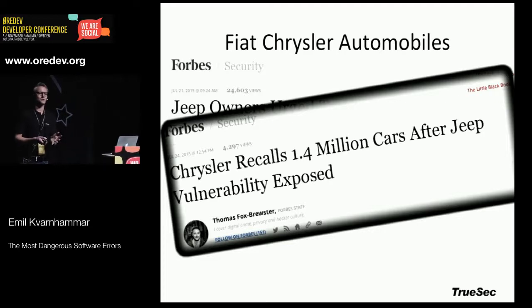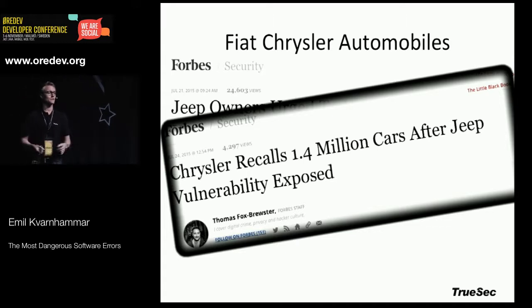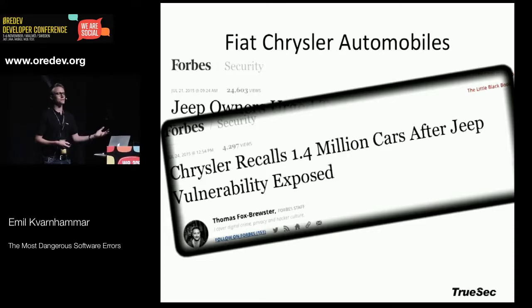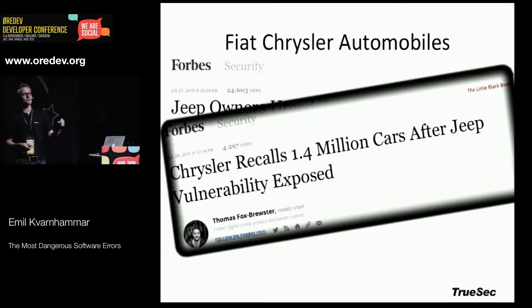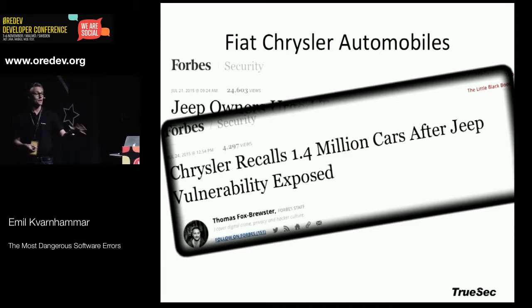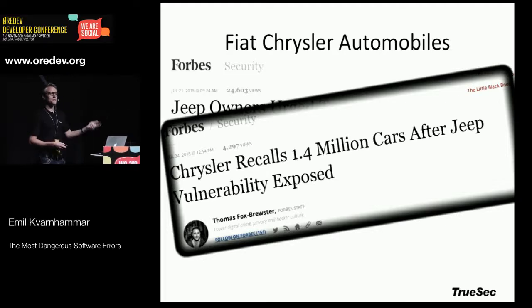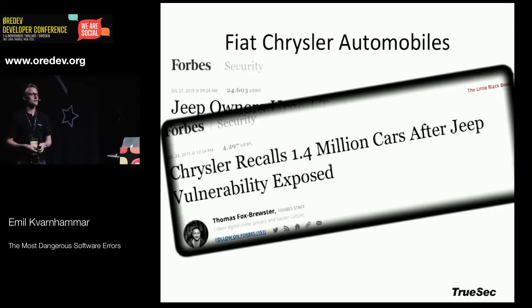Naturally, it's not possible to control the car completely, like brakes and steering, just from the infotainment system. But it turned out that the infotainment system was connected to a power unit, and the power unit was able to control steering and brakes. They found another vulnerability, and they were actually able to reflash the firmware of that power unit, so that they could gain complete control over the car.